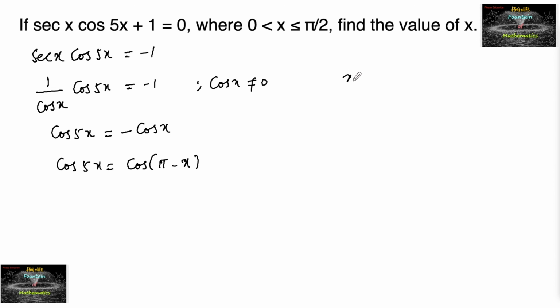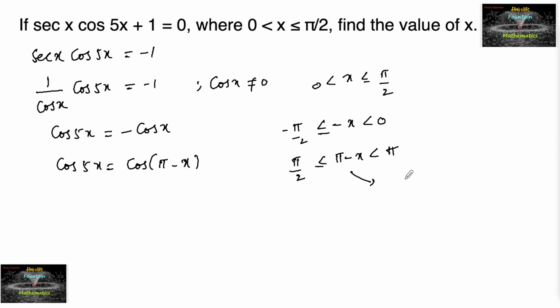Since x lies between 0 and pi by 2, minus x lies between minus pi by 2 and 0, and pi minus x lies between pi minus pi by 2, that is pi by 2, to pi. So pi minus x belongs to the second quadrant, so it is in the principal range of the cos.